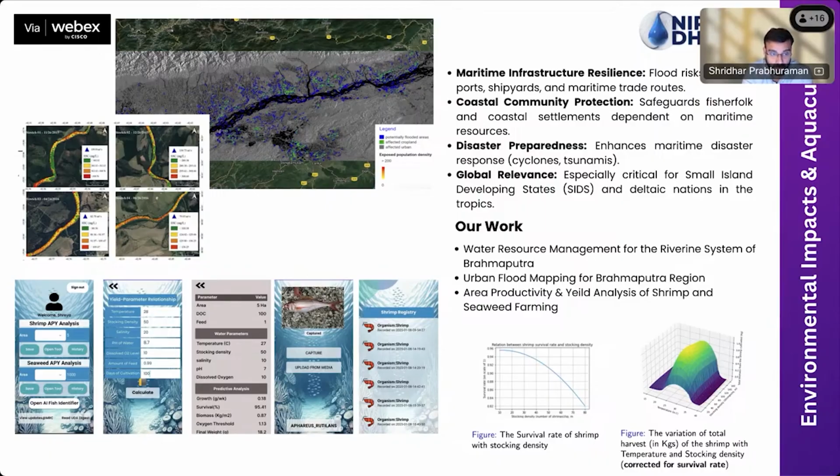And that's where the modeling and simulation comes into the picture, where we are looking at the chlorophyll content in the water. We're looking at other parameters that help us identify what are the regions where these marine species are to be found.